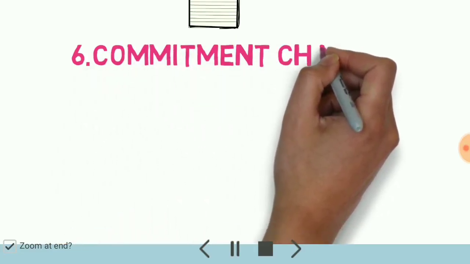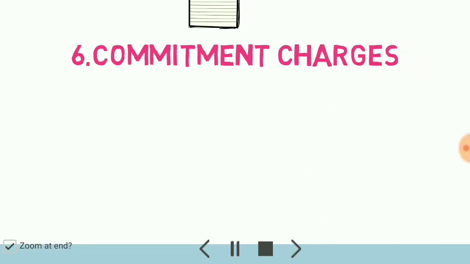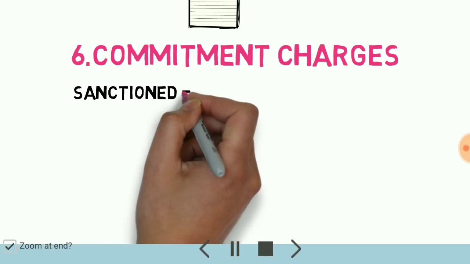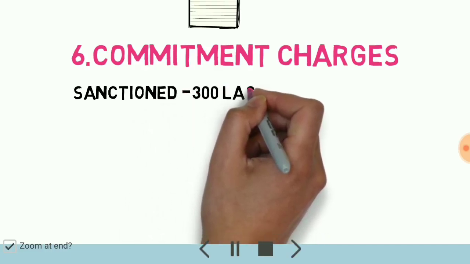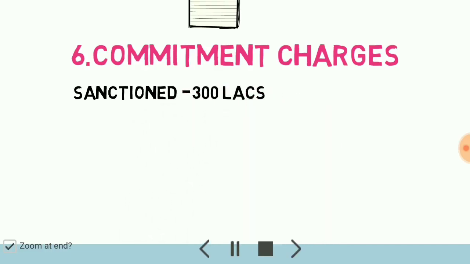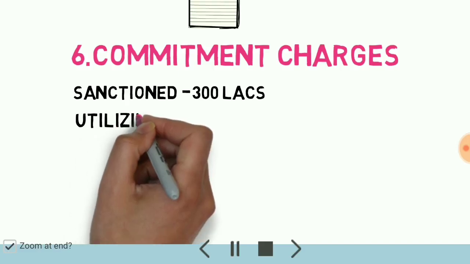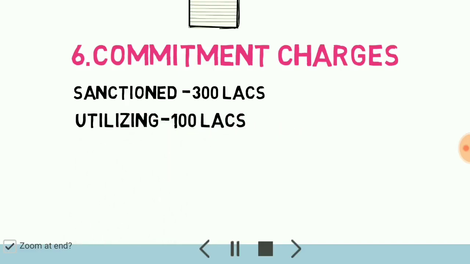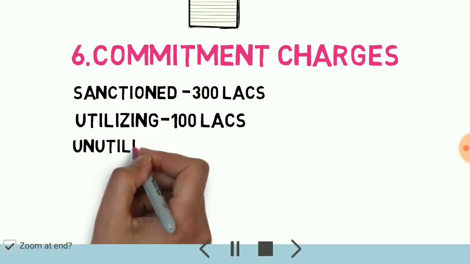Next is commitment charges, which are generally collected from cash credit accounts. Let's take an example to understand these charges. Suppose the bank has sanctioned you an amount of rupees 300 lakhs, and out of these 300 lakhs you are utilizing only 100 lakhs, and you are not utilizing 200 lakhs.